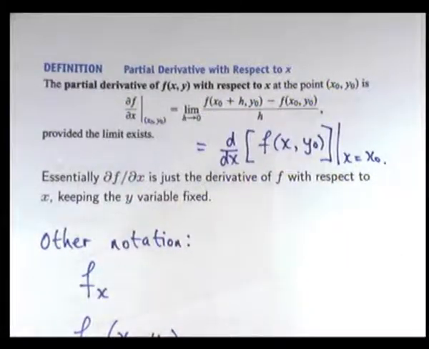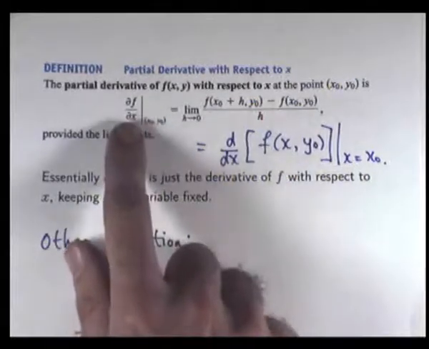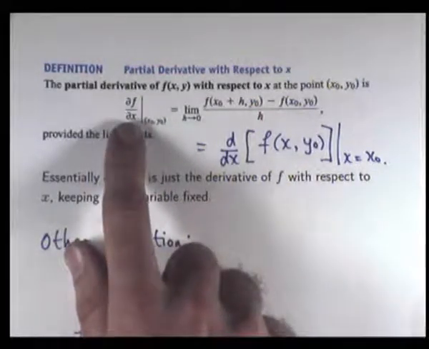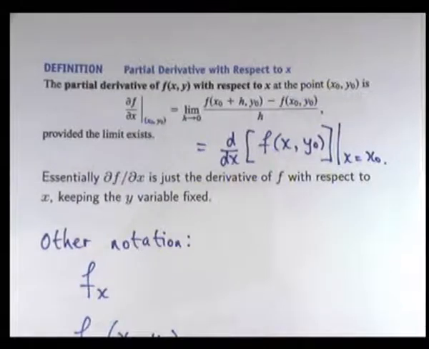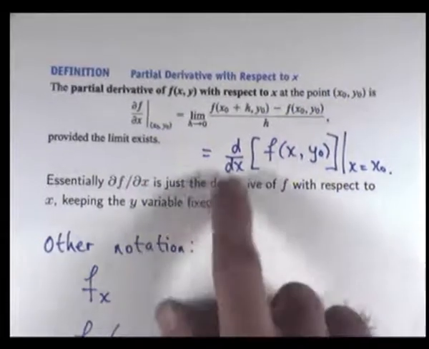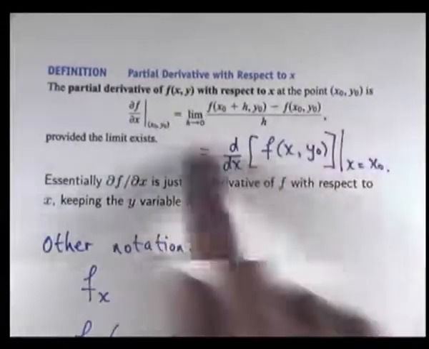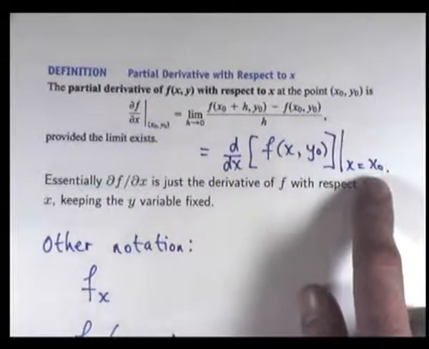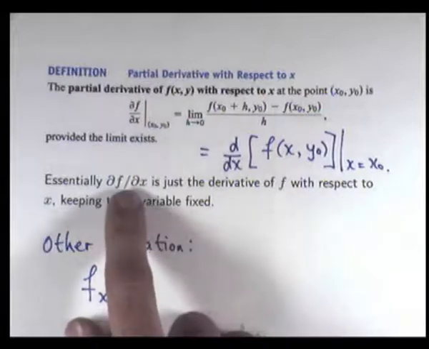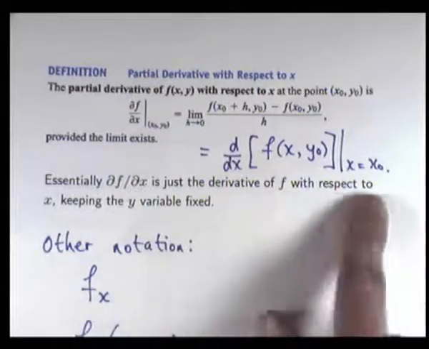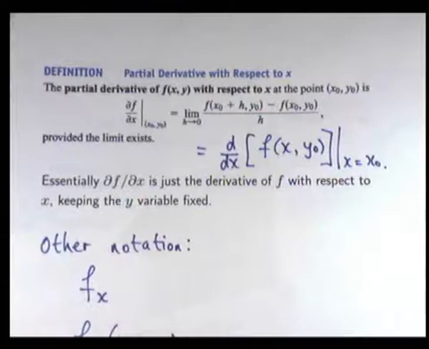the x variable. We use curly d's, df dx, to set partial derivatives apart from the derivative that you learned at school with the straight d's, df dx. Essentially df dx is just the derivative of f with respect to x, keeping the y variable fixed.